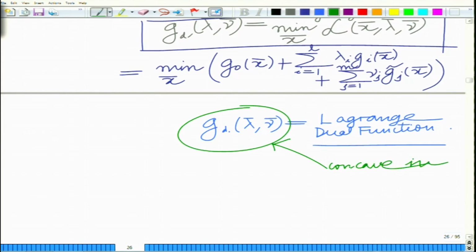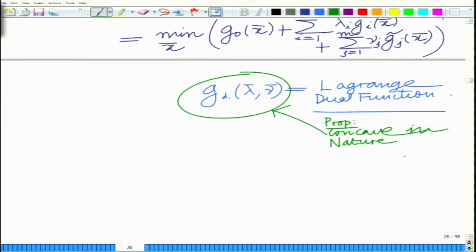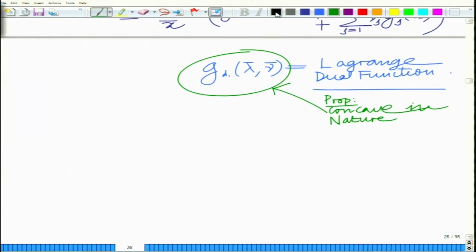This is an important property of the dual function, and this is very easy to see. This can be seen as follows.